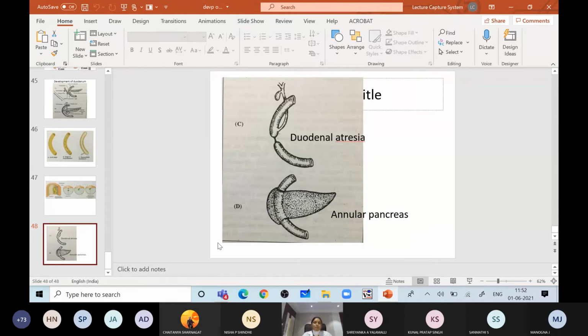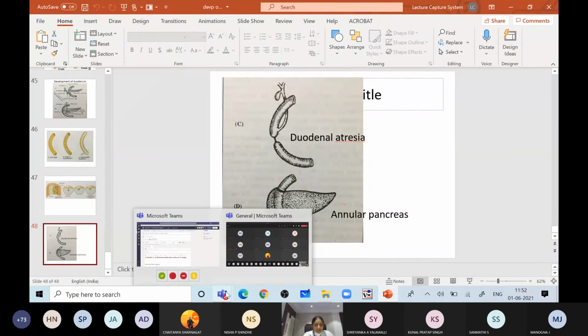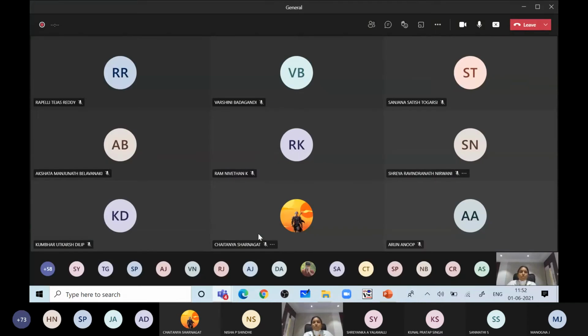See, so many times you get questions on the second part of the duodenum. Clear? So you have to write about the second part of the duodenum. Okay, listen to me.